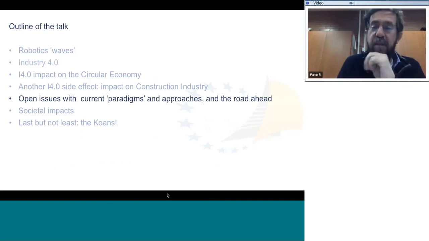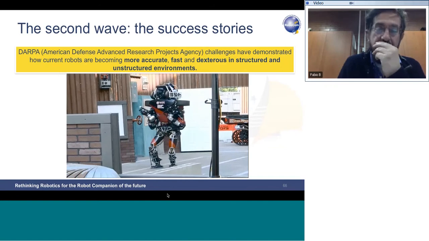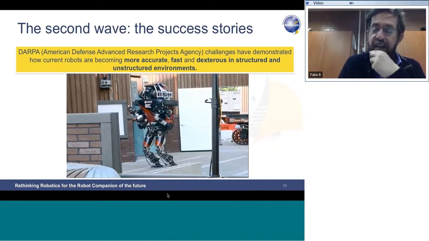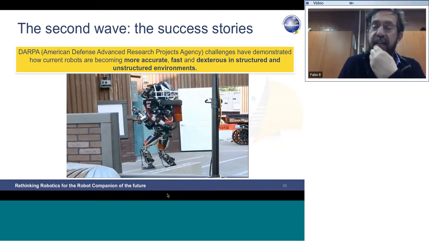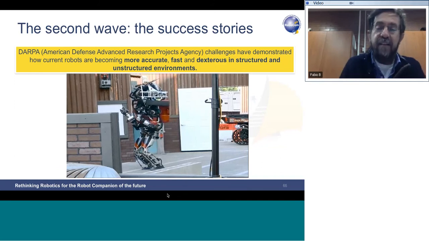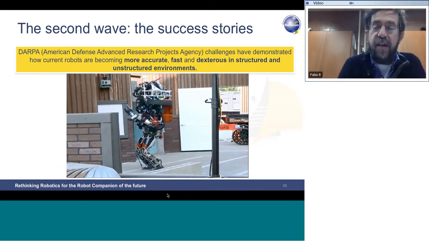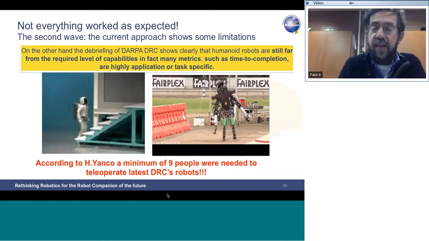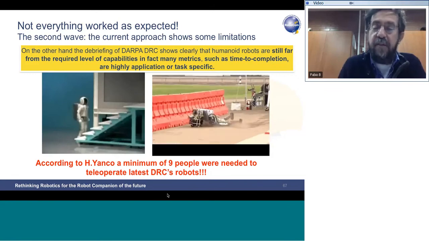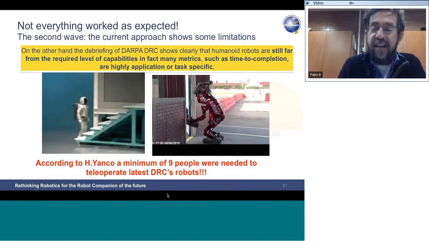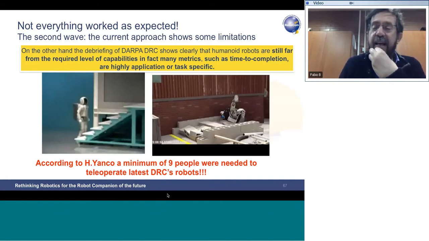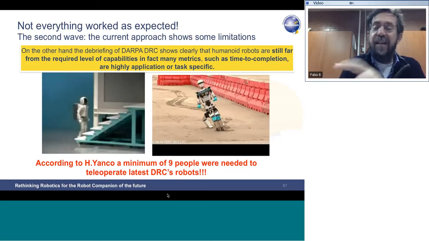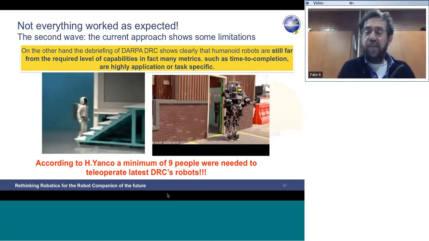So it seems that we are living in the middle of a great success, but what we have already seen is that if you consider the DARPA challenge, humanoid robotics as a practical state of the art of robotics, what we have seen is this, right? What is really interesting is that Oli Yanko, a professor of the University of Maryland, did a kind of background study on the sociology of people working on the robots.